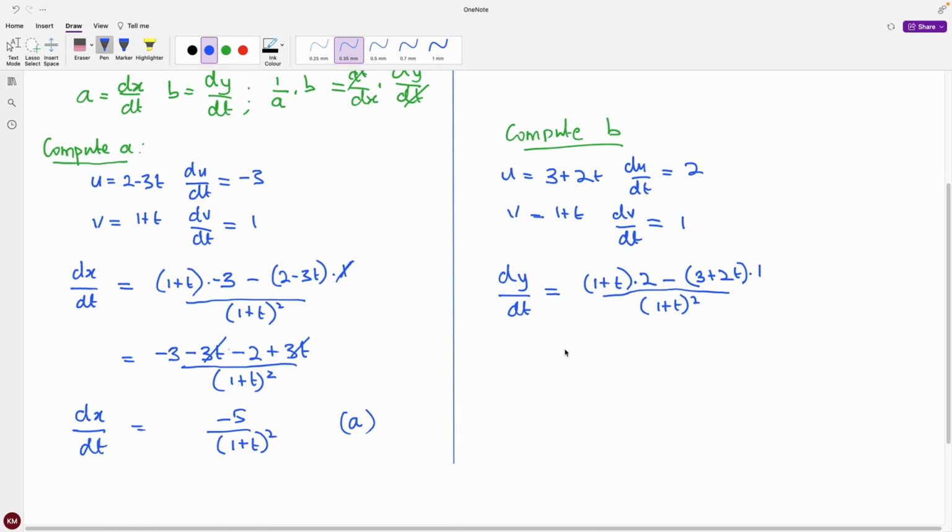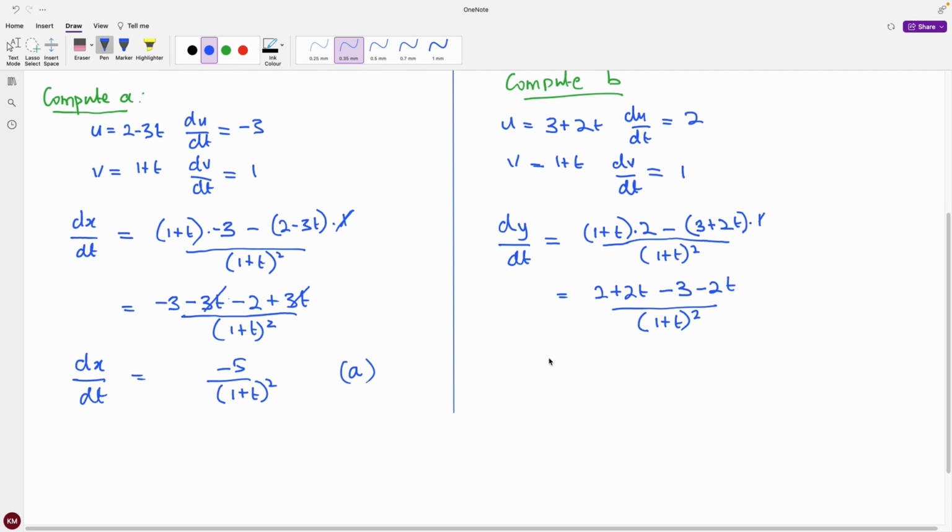If we expand the numerator, we are going to have 2 plus 2t, right, minus 3 minus 2t, divided by 1 plus t all squared.